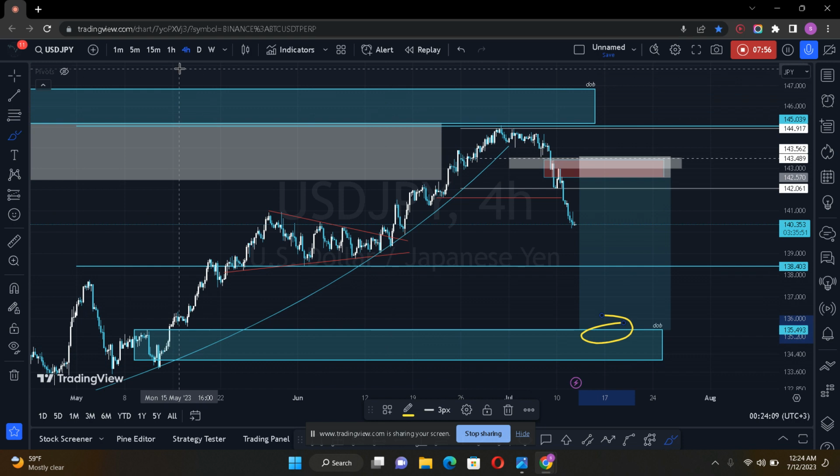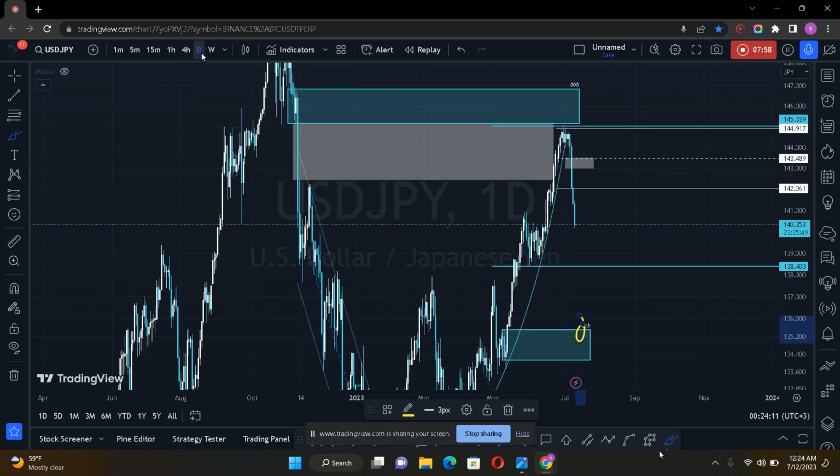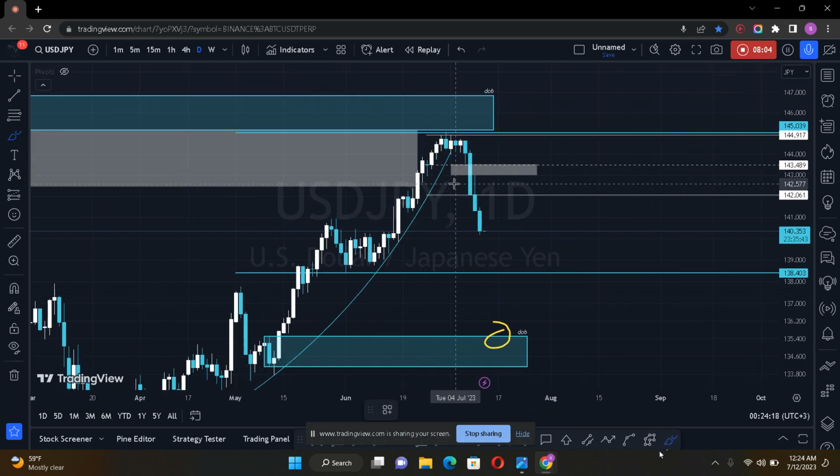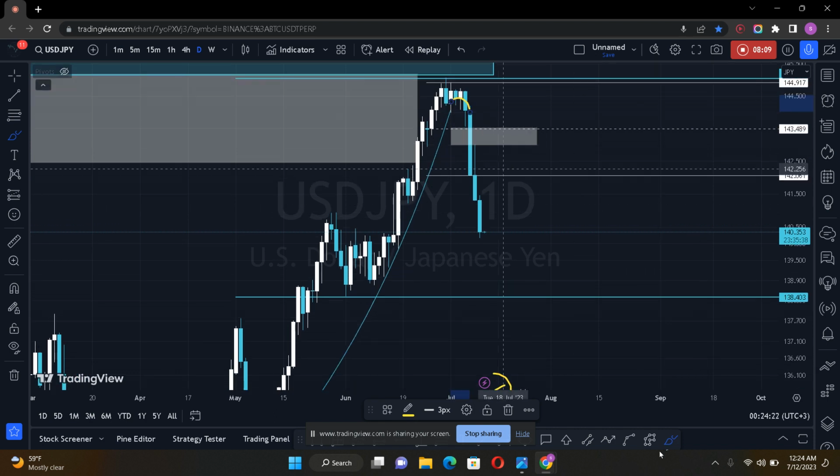So I'll zoom back to the daily so that I show you another metric of confluence. Now on this sell-off, this is the daily time frame. On this particular sell-off, we have an inefficiency right here, a price gap.